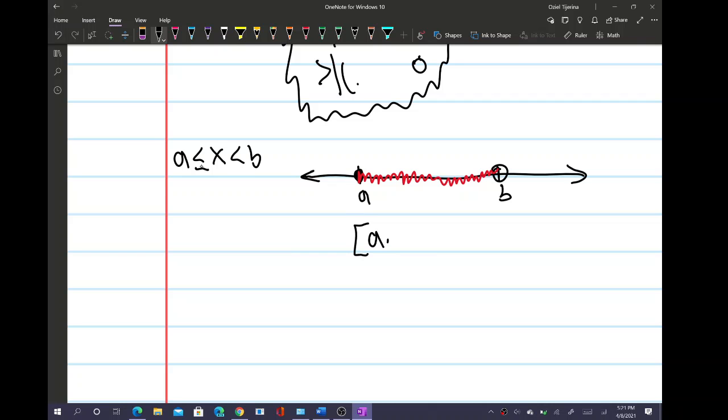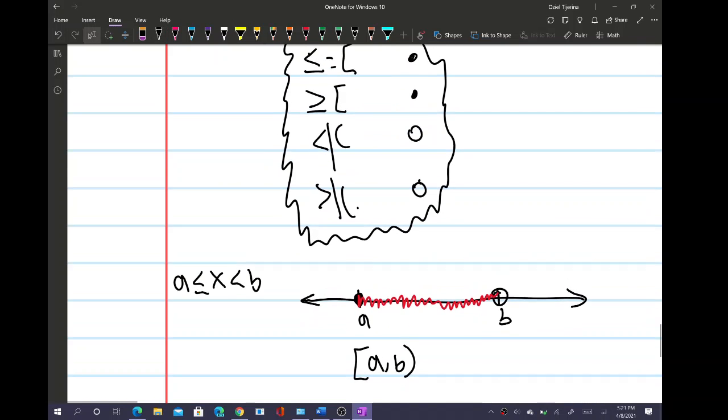So it's going to be from A, and then you do the open circle like this, and when you do an open circle with your hand, kind of like the OK symbol, you see that it forms a little parentheses, right? It looks like a parentheses. So it's going to be to B, and then parentheses, right? That's a good way to think about it.